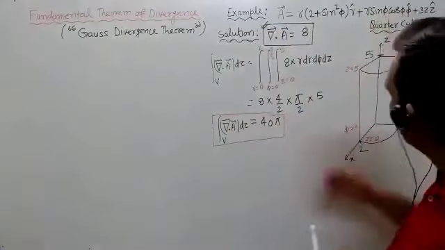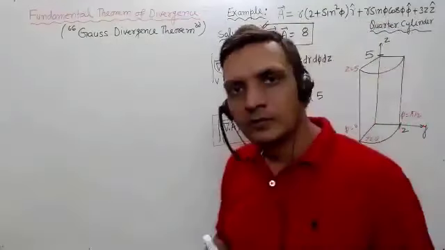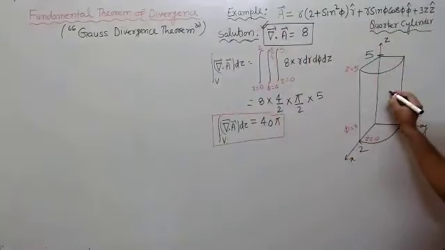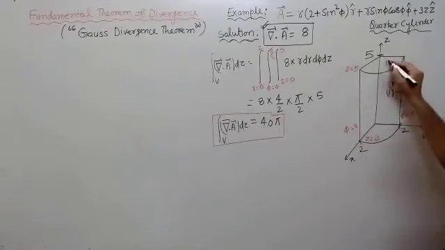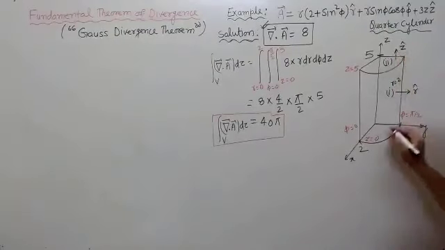Now right hand side, this volume is surrounded by how many surfaces? Yes, five surfaces. Surface 1, r is equal to 2 surface, and direction is R cap. Surface 2, z is equal to 5, direction is z cap.